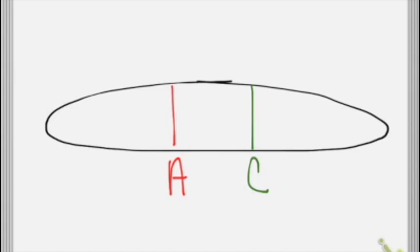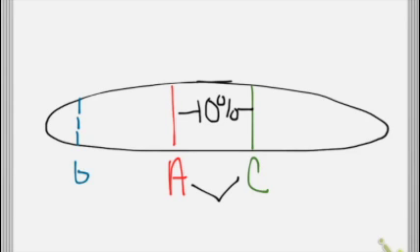If gene A and gene C's recombination frequency is 10%, we know that gene B cannot be between those two genes. Therefore, gene B must either be before gene A or after gene C.